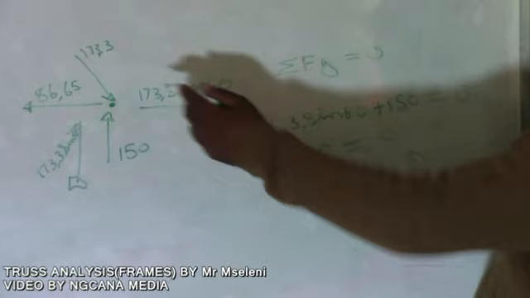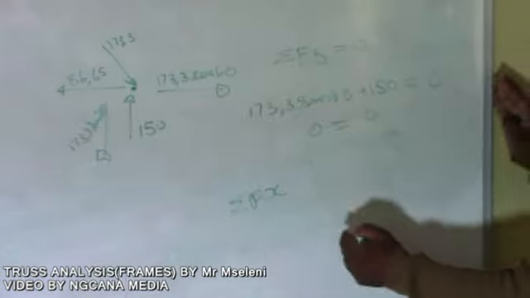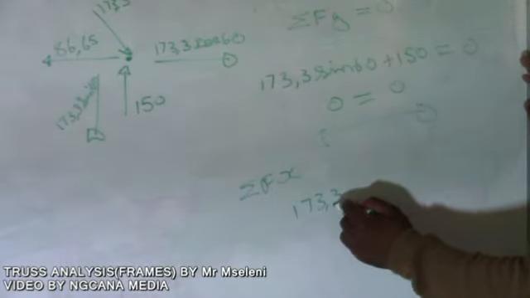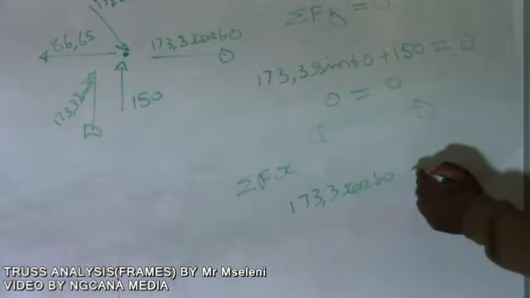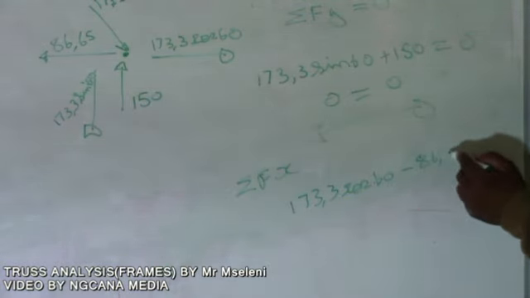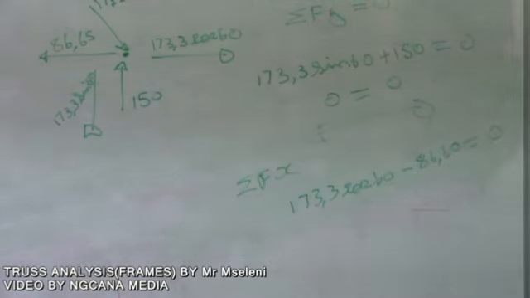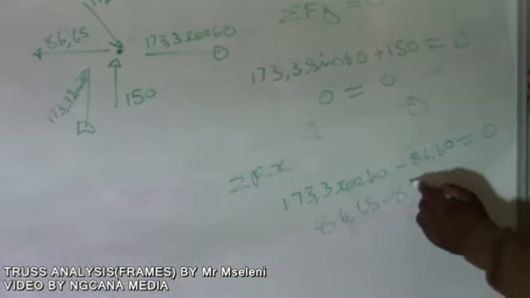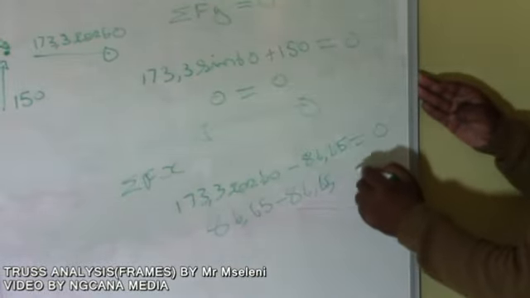Even if you try it with the sum of forces in the x direction, it's going to be 173.3 cos 60, which is positive, and then you've got your 86.5, which is negative, which equals 0. If you add the two, you have 86.65 minus 86.65, which equals 0.